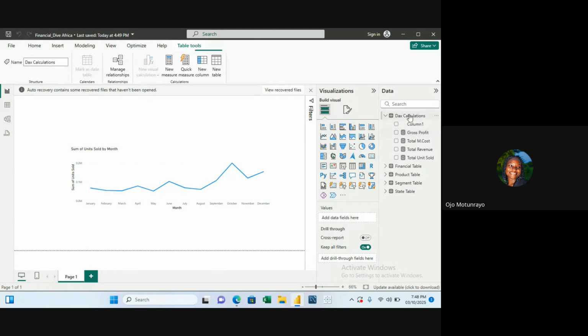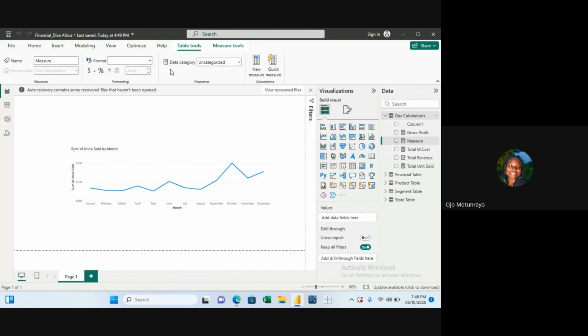Click on your DAX calculation again, create new measure. Average, I'm using AVG, sales price.